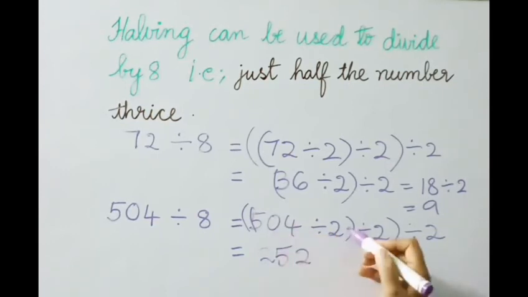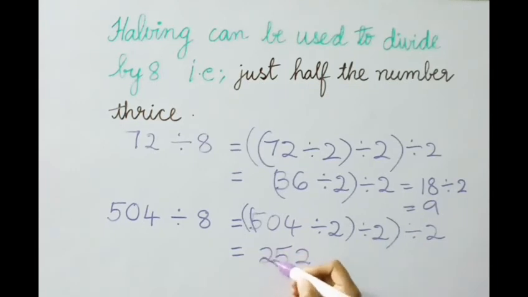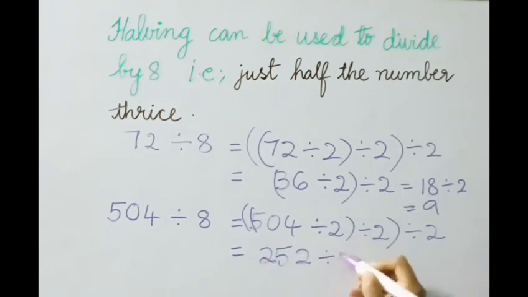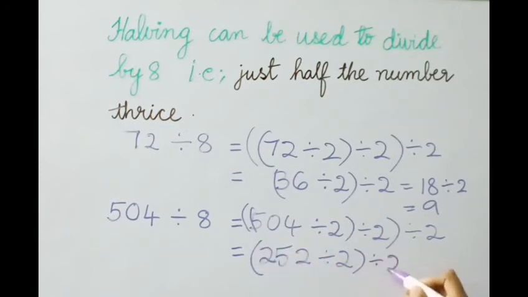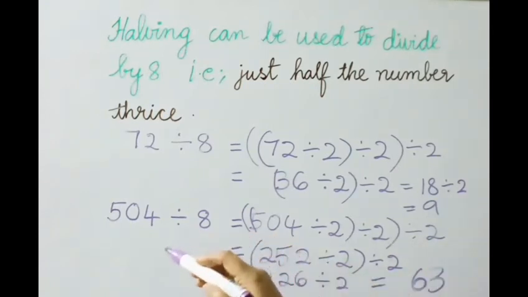So 504 divided by 2 is 252. Now this 252 is divided by 2. 2 half is 1, 52 half is 26. So 126 is again divided by 2. So the answer is 63. Therefore 504 divided by 8 is 63.